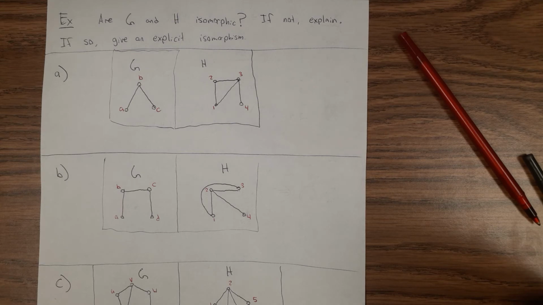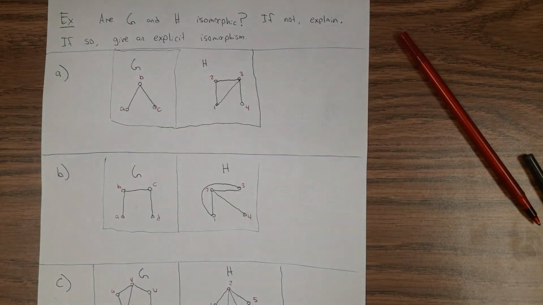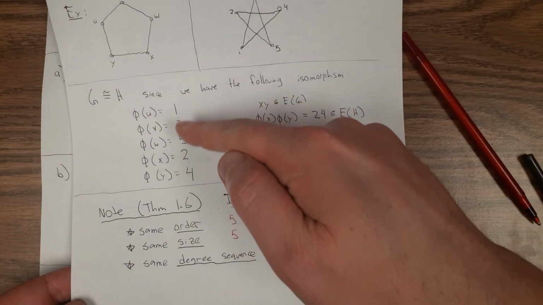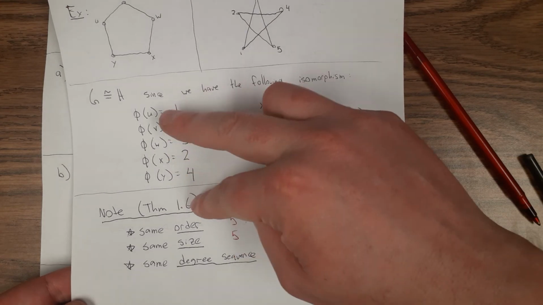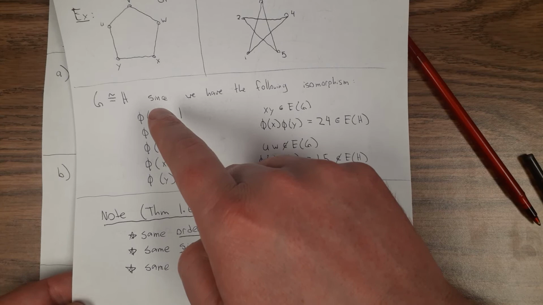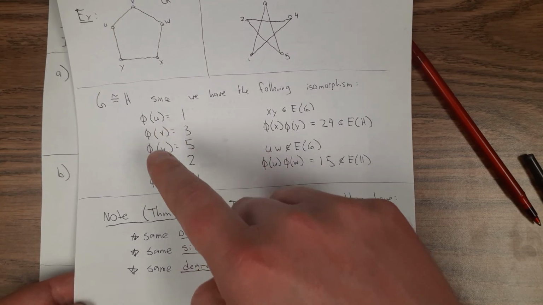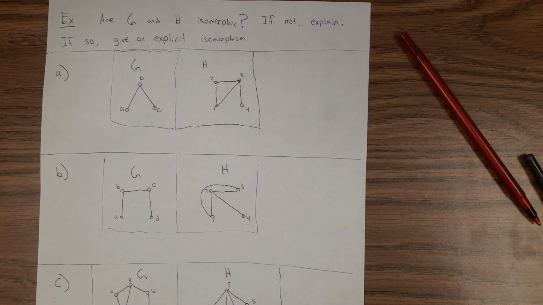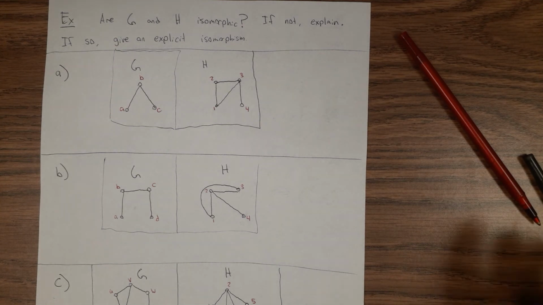And if the answer is yes, then we have to give an explicit isomorphism. And by the way, an explicit isomorphism is like what we just did in this example. When I say an explicit isomorphism, I want to know what's phi of this, what's phi of this, I want to know what's phi of everything. That's an explicit isomorphism.